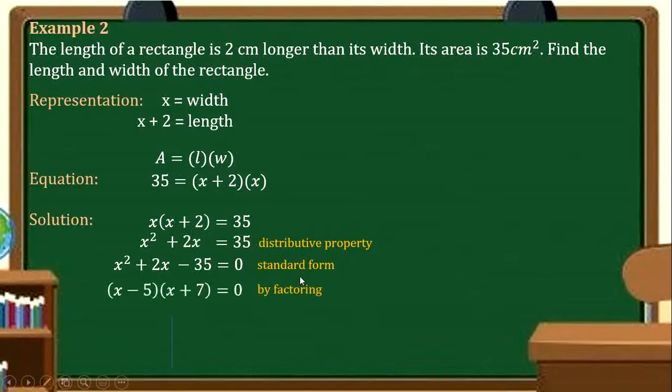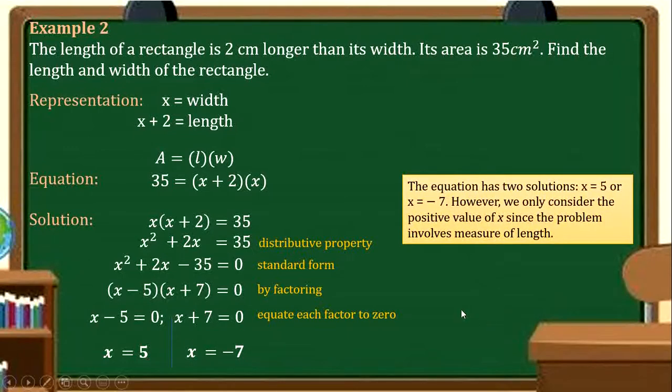And then, by factoring, we have x minus 5 and then x plus 7 equals 0. And then, equate each factor to 0. So, we have x minus 5 equals 0 and then x plus 7 equals 0. So, solve for the value of x. So, we have x equals 5 and then x equals negative 7.